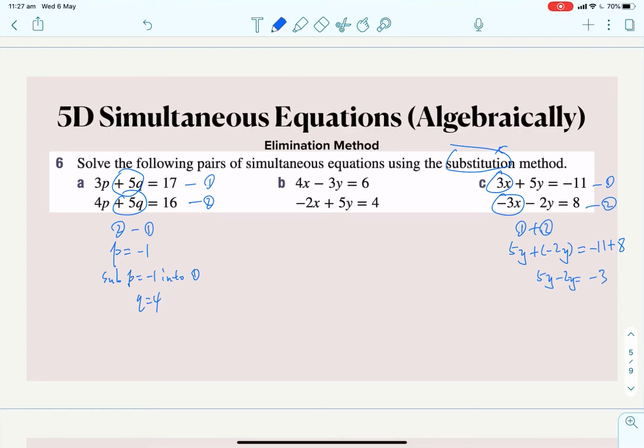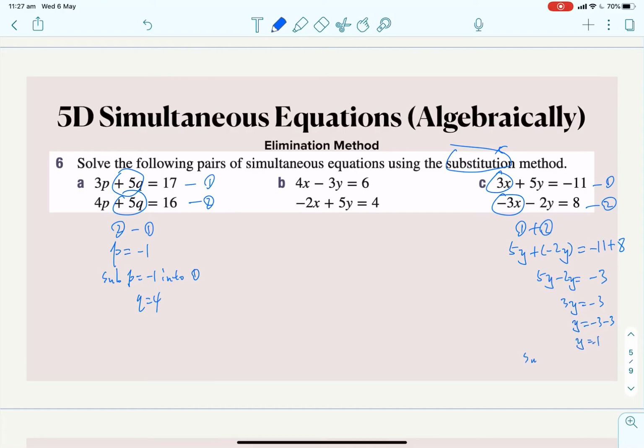Yeah, 5y minus 2y is 3y equals negative 3. You can move the 3 to the outside, so it's 3 times y, opposite divided by 3. So y equals negative 3 divided by 3. Y is negative 1. Okay.